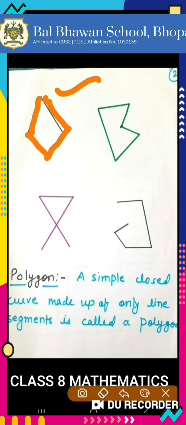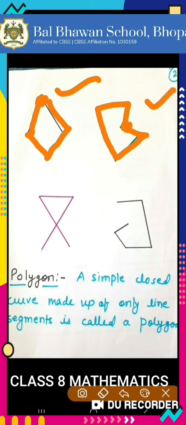I can see that the starting point and ending point of this figure are common, right? What about the second figure? In the second figure also, if I consider this point as the starting point, after going through all the sides I come to the same initial point. Means in this polygon also the starting and ending points are common.